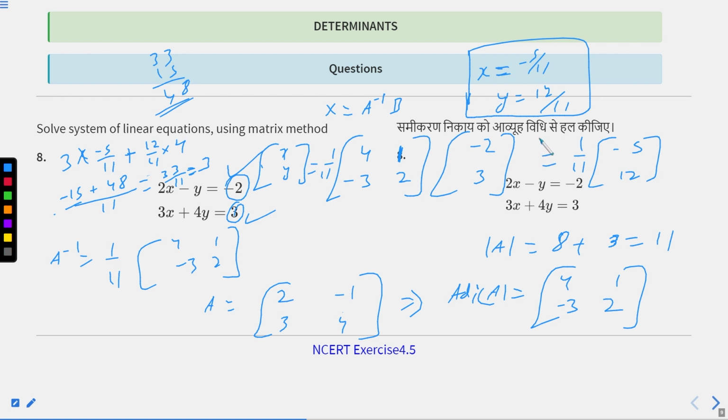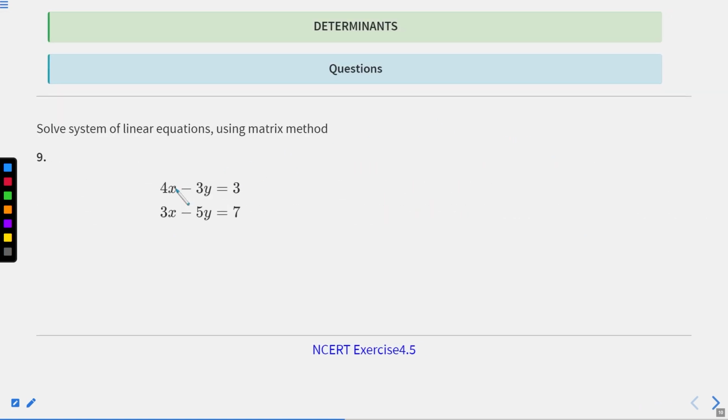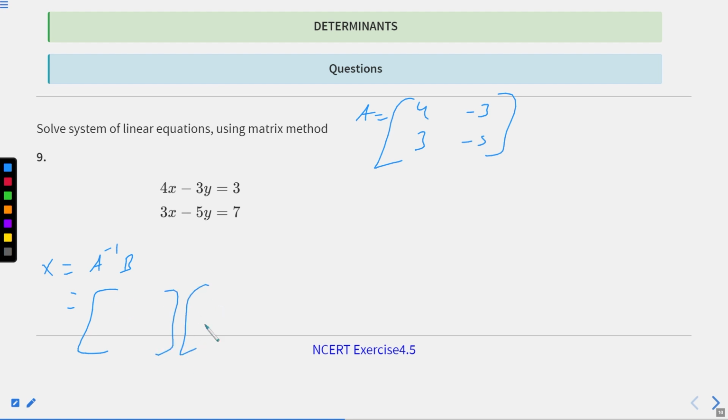Okay, easy. Now solve this. Let's solve it. So A will be [4, -3; 3, -5]. Simple. X will be A inverse B. Which means A inverse we don't know yet, but B we know, so 7, 3 and 7.